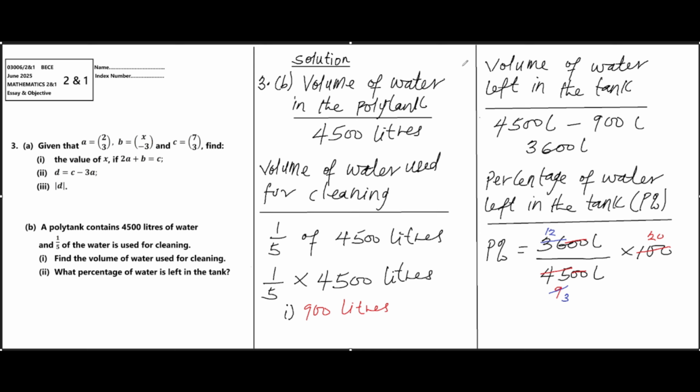You can still divide. 3 goes here, 1. 3 goes here, that is 4. So we have 4 by 20, and that is 80%. So P% will be 80%. So that is for II.